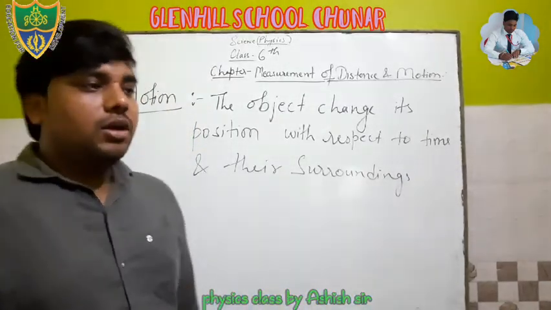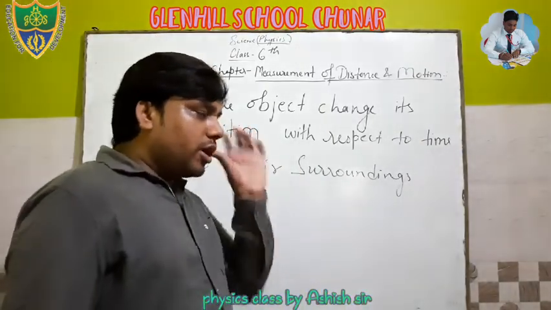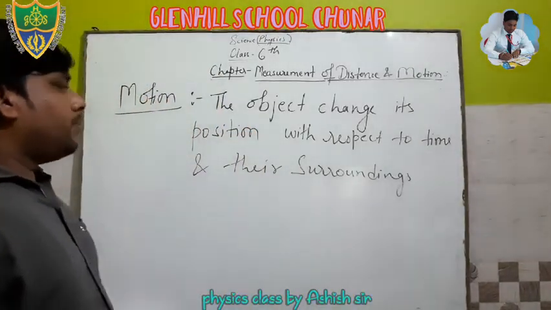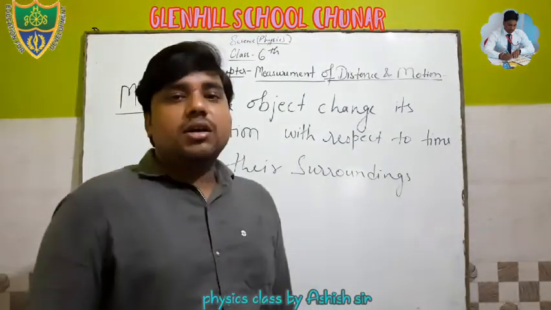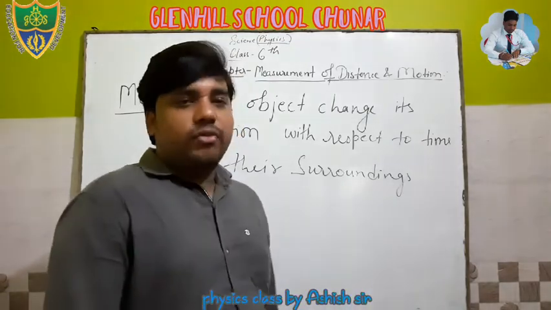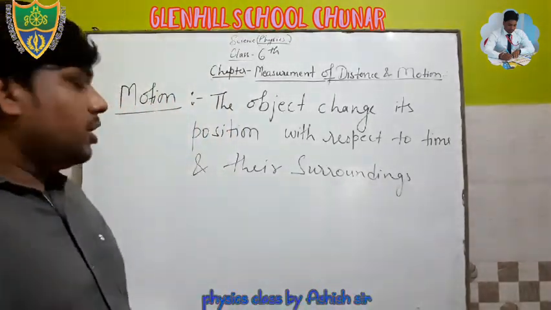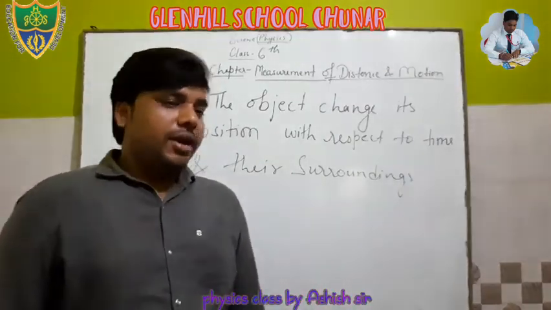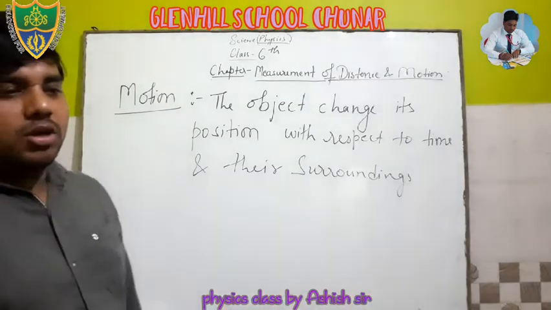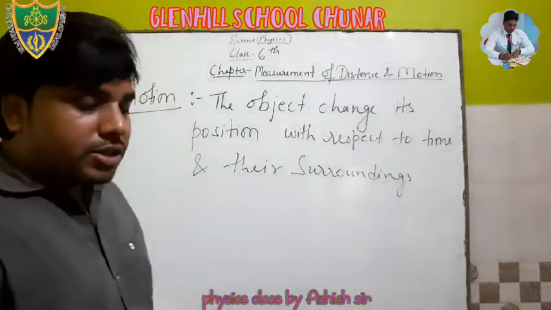Time and surrounding. Okay? Suppose we are talking about a person sitting in a train, and the train is in motion. When the train is in motion and you are sitting in the train, you are at rest.